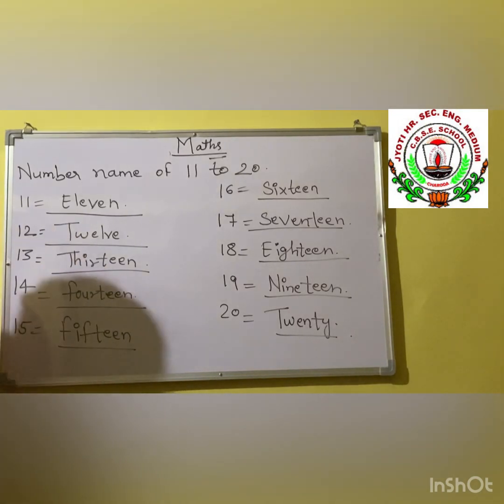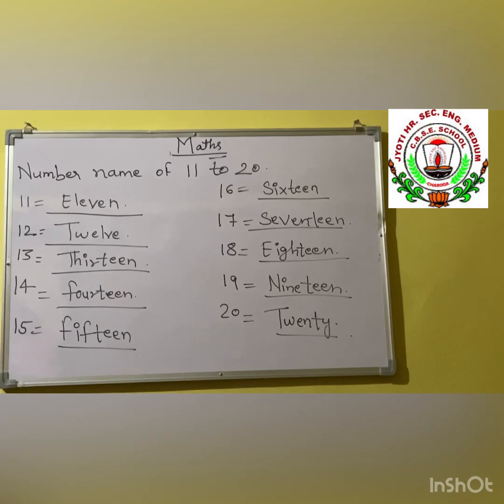The spelling of 11 is E-L-E-V-E-N. 12 is T-W-E-L-V-E. 13 is T-H-I-R-T-E-E-N. 14 is F-O-U-R-T-E-E-N. 15 is F-I-F-T-E-E-N. 16 is S-I-X-T-E-E-N. 17 is S-E-V-E-N-T-E-E-N. 18 is E-I-G-H-T-E-E-N. 19 is N-I-N-E-T-E-E-N.